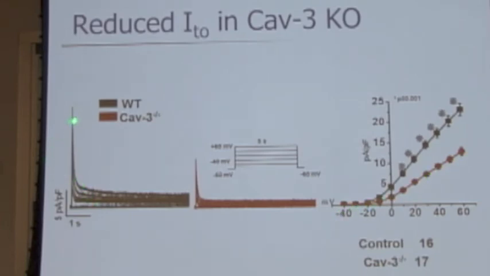And if we break this down, and I don't have all the data to show you, but into ITO fast, ITO slow, and IK steady state, all 3 components are decreased significantly in this model. So there's an impact on multiple potassium currents present and important for repolarization in the mouse heart.